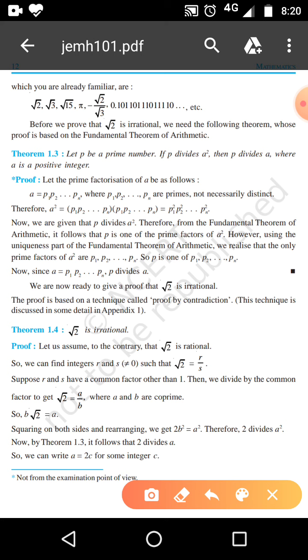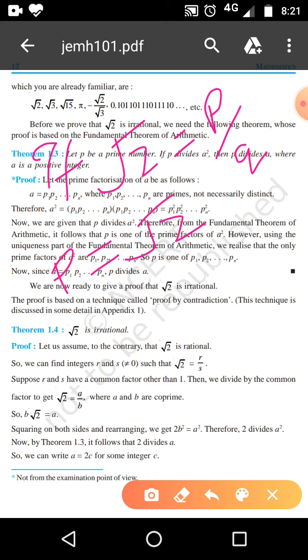Now, if possible, let root 2 be a rational number, and then it can be written as root 2 = p by q, where q is not equal to 0. So p = root 2 q, and this implies p square = 2 q square.